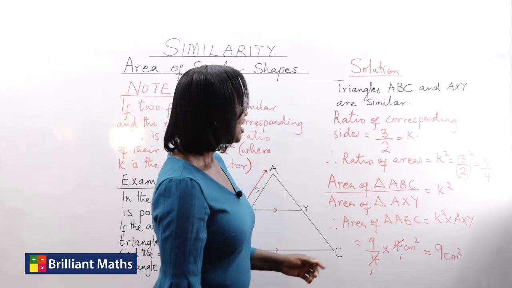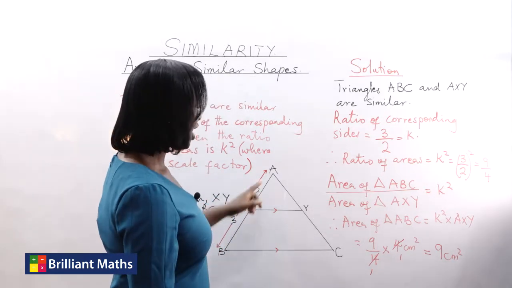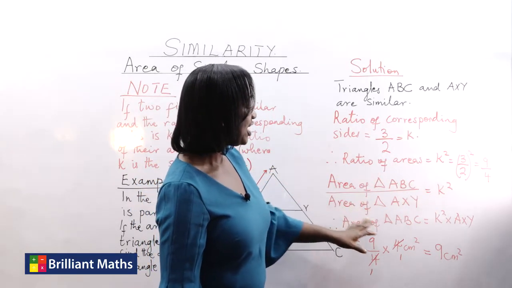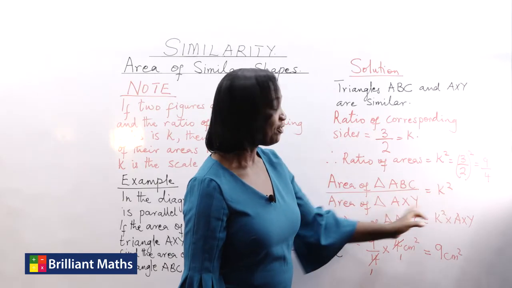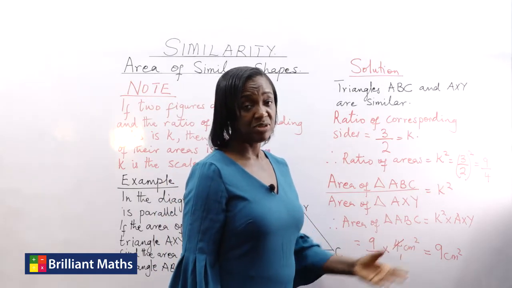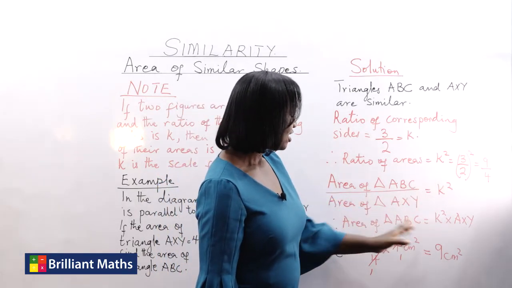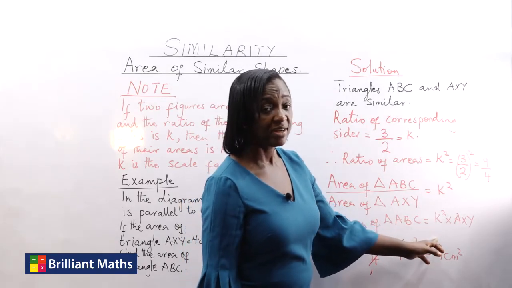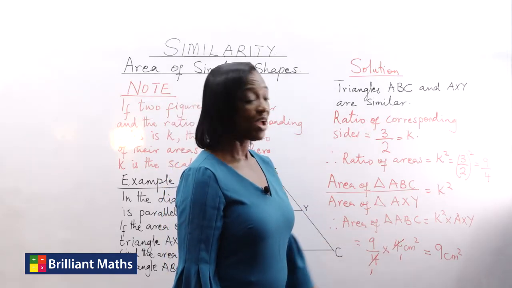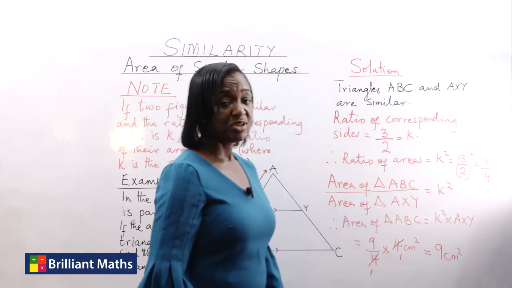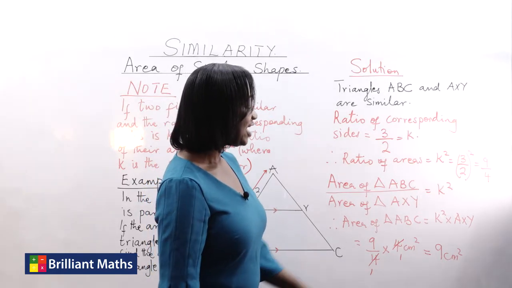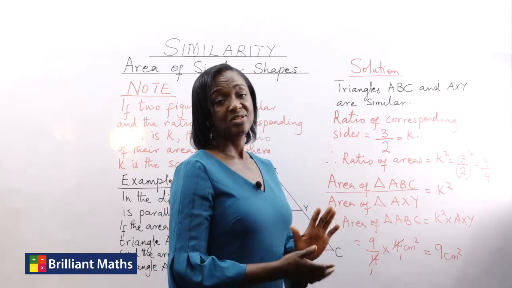But we want to find the area of triangle ABC. So we cross multiply. We have that ABC is equal to K squared times the area of AXY. And we were given that the area of AXY is 4 centimeters squared. So we have 9 over 4, which is our K squared, times 4 centimeters squared. The 4's will cancel out, and we have 9. So that means that the area of triangle ABC is 9 centimeters squared.